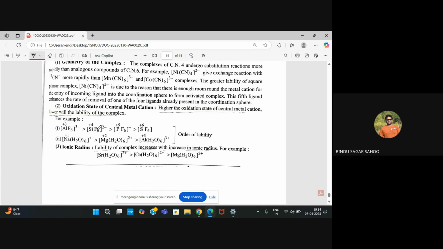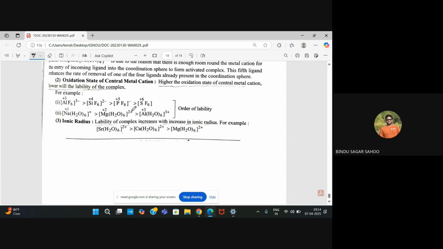Here, the lability decreases because the oxidation state is 4. Here, the oxidation state is +6. That means this complex will be more inert. When the oxidation state, or the metal's positive charge, is more, it can bind ligands more strongly. That means further bond breaking and attachment of the incoming ligand will be more difficult.